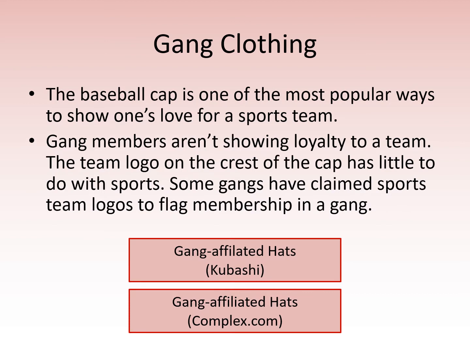One of the most common and easiest ways for a gang to adopt some type of clothing to represent their gang is the baseball cap. And even locally, we have stores that will sell baseball caps that have odd-looking colors.